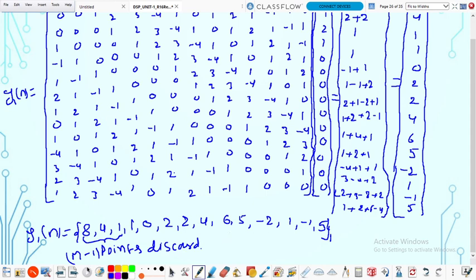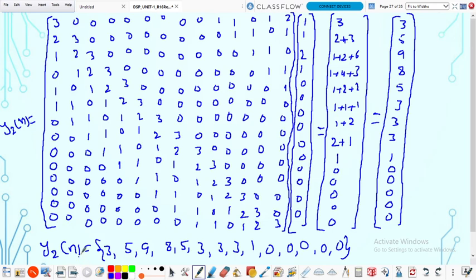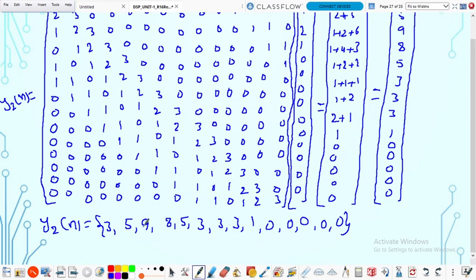Similarly in the second output sequence also remove the first M minus 1 data points. So what are the first M minus 1 data points? These are the first M minus 1 data points. Discard the first M minus 1 points.